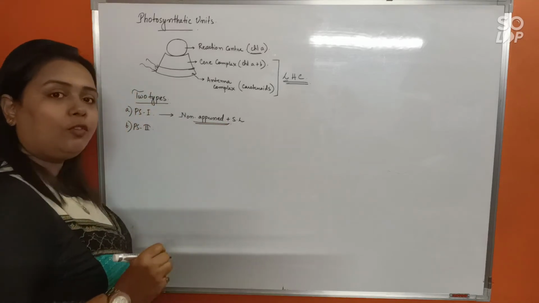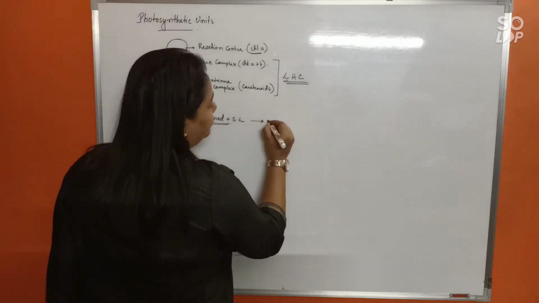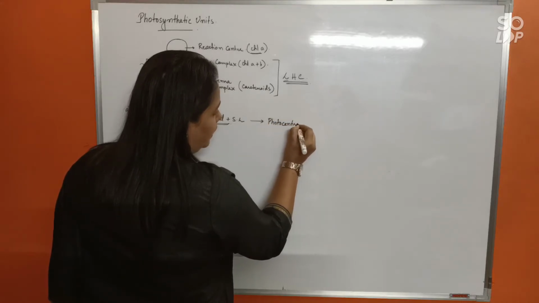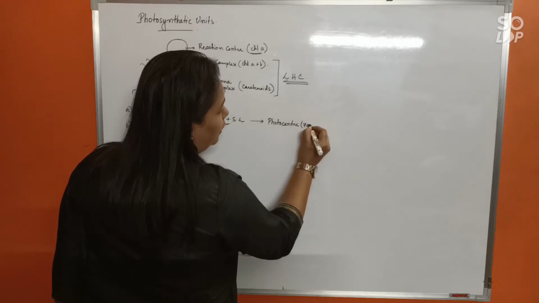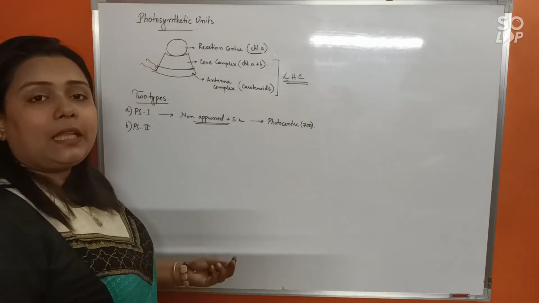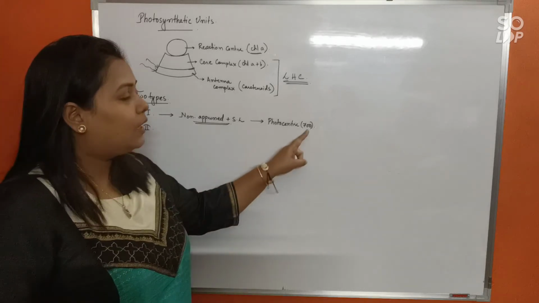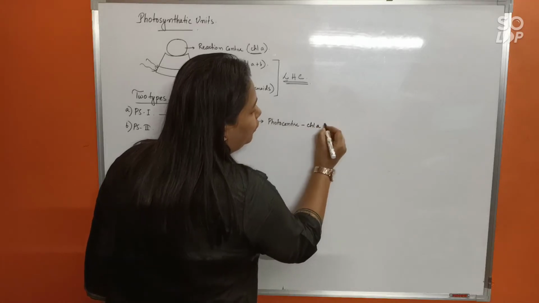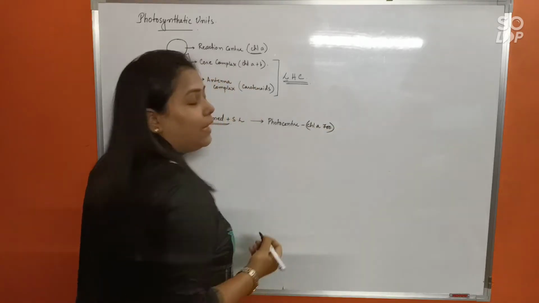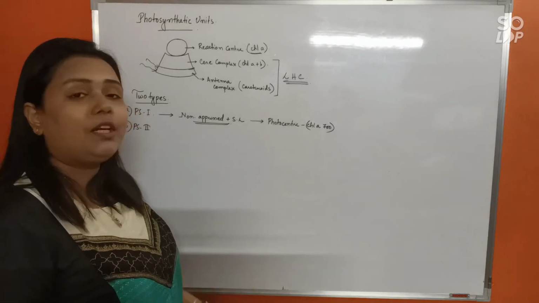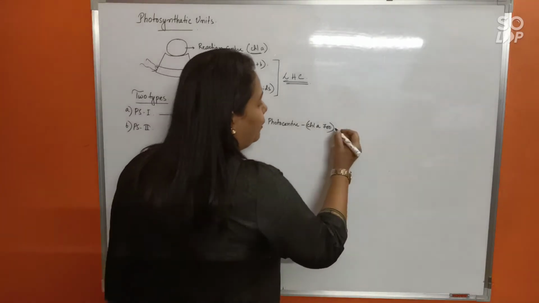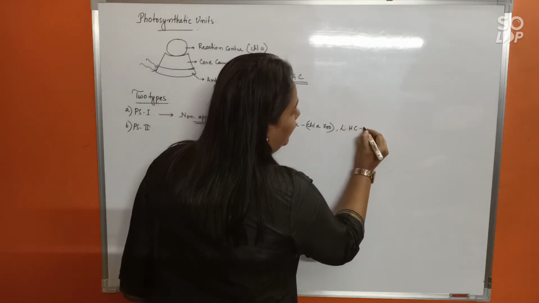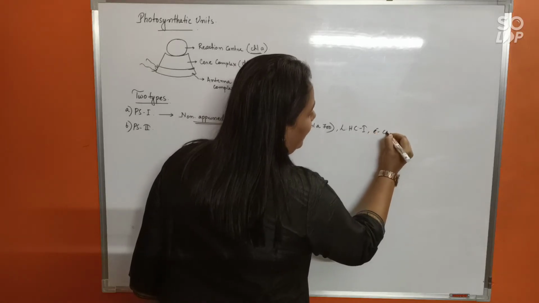First, it consists of a photocenter or reaction center, which will consist of chlorophyll A 700. That means it will get excited in 700 nanometer radiation. Apart from this, it will also possess light harvesting complex 1 and certain electron carriers.